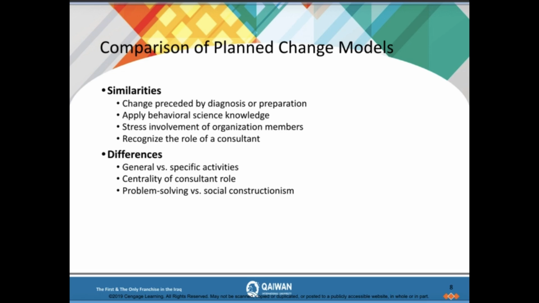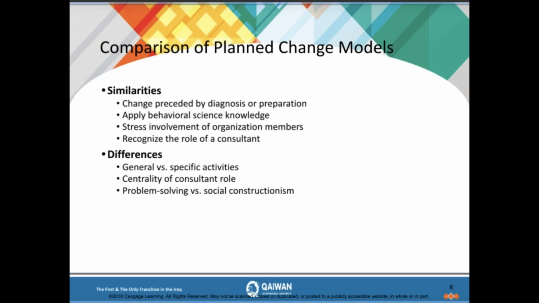And the second one is the centrality of the consultant role. If you look at action research, the consultant works closely with the organization through the process, but in Lewin's model, the consultant's role is less central.